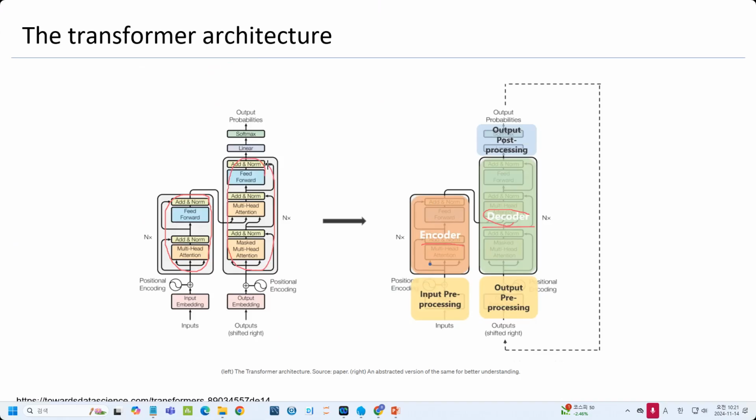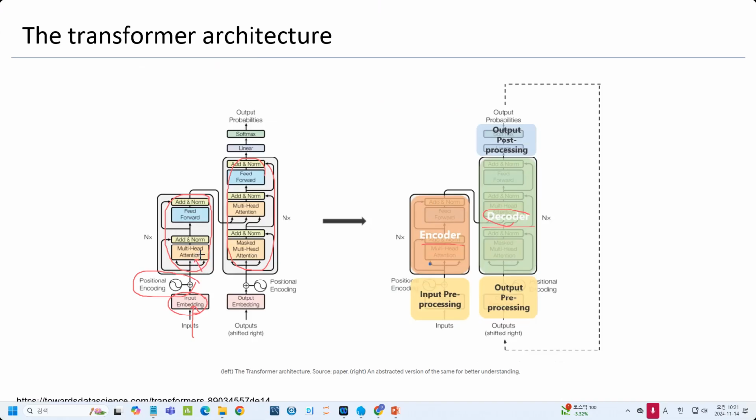For example, when we use the transformer, we have the input and then we convert the input into input embeddings and we do the positional encoding. So we will learn later about the positional encoding. And we use the multi-head attention. We learned about the multi-head attention before.